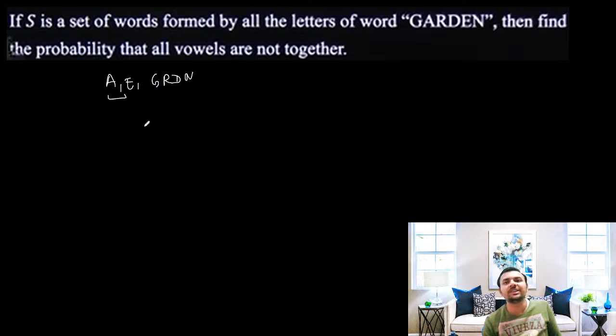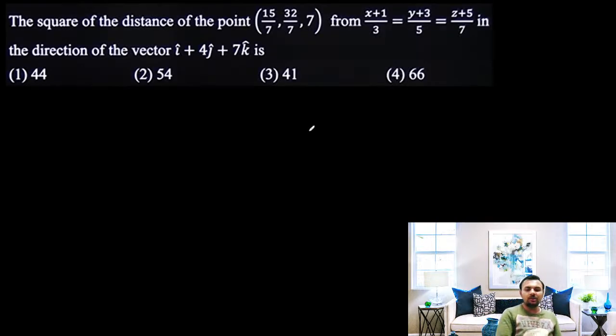Total number of arrangements is 6 factorial, and when vowels are together, the arrangement is 5 factorial times 2 factorial. So what is the probability that all vowels are not together? It is 5 factorial common, 6 minus 2 is 4, 4 by 6, 2 by 3. So this was an easy level question. Now this is the next question which is given.